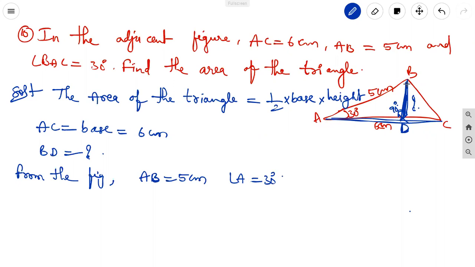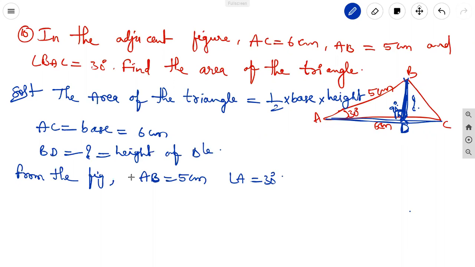When we draw the perpendicular from point B to base AC at point D, it makes a right angle triangle. So BD is nothing but the height of the triangle.